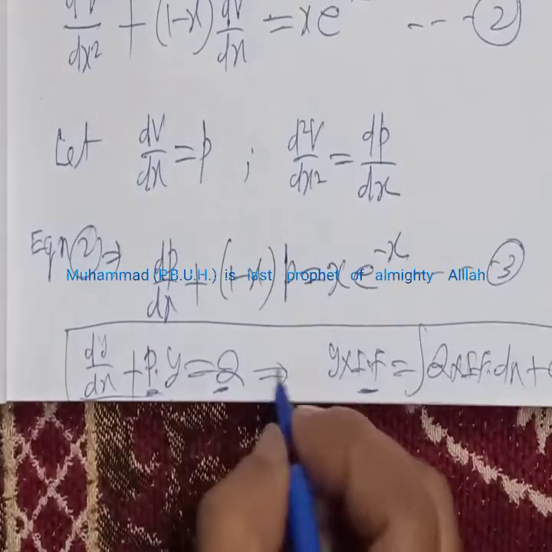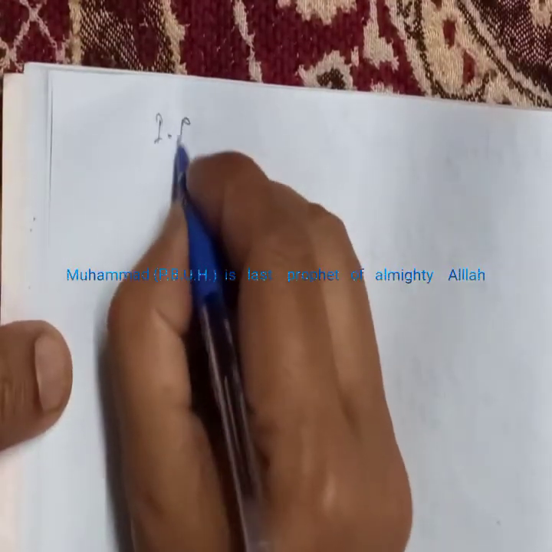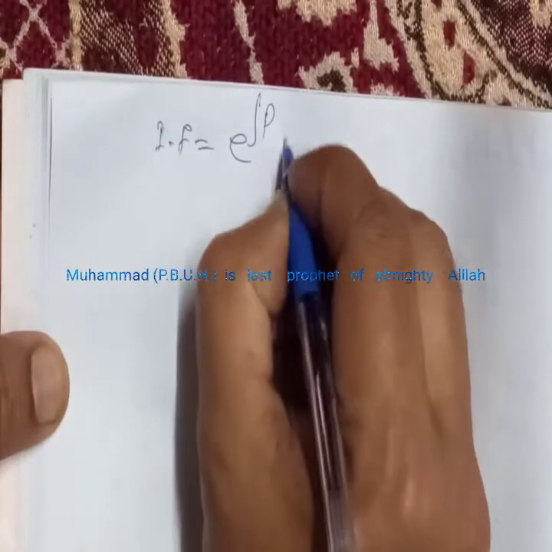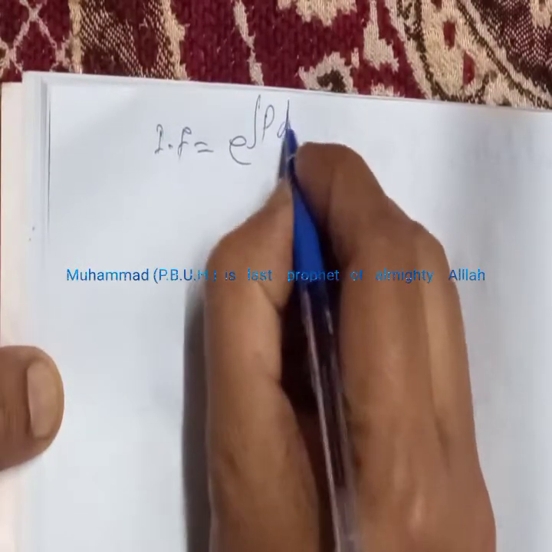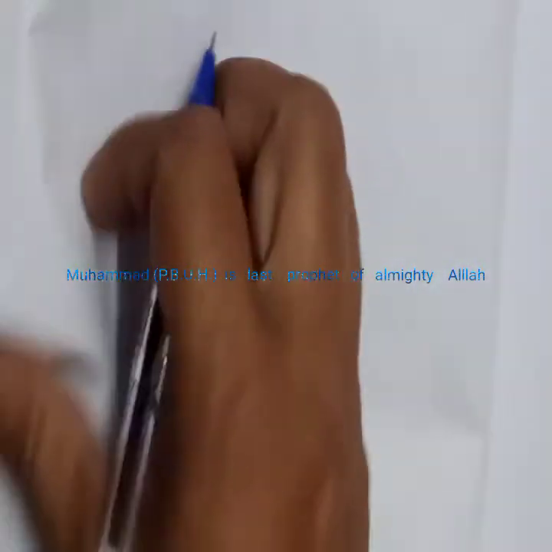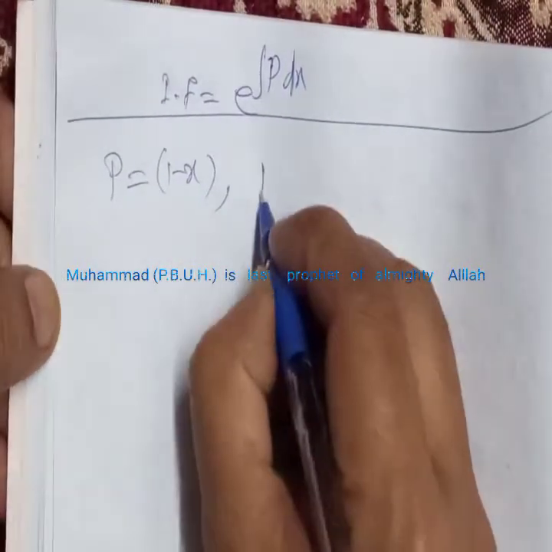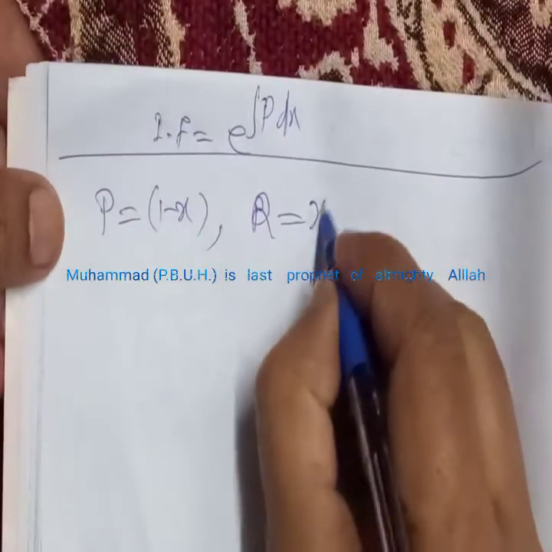We know that the integrating factor for this differential equation is e to the power integration of P dx. In our question, the value of capital P is equal to 1 minus x, you can compare, and capital Q is equal to what is present on the right hand side, x e to the power minus x.